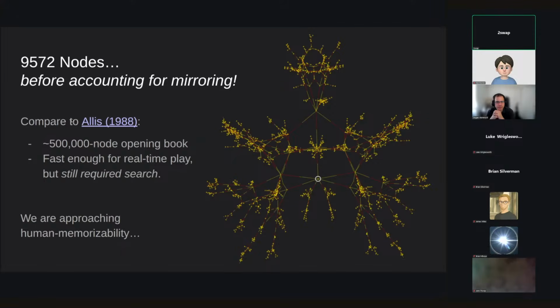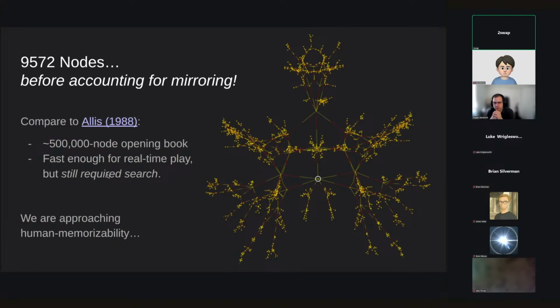Apologies. So comparing this to Victor Allis's paper, of course, our design decisions were very different, and I'll talk about this in a little more detail later. But the data product that he produced through his paper was an opening book that has 500,000 nodes. And even so, to play perfect play, you still had to do search on the leaves of those nodes.